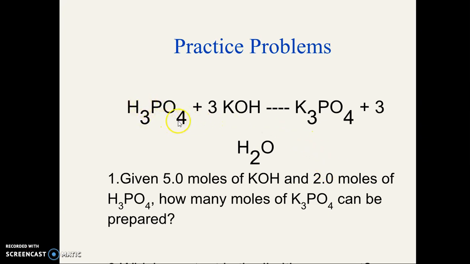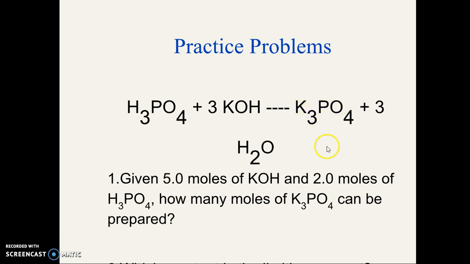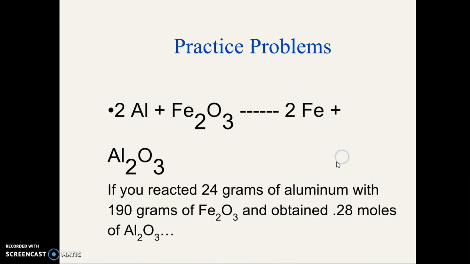If I have 2 moles of H3PO4 and I want to figure out how much K3PO4, these are in a 1-to-1 ratio, so if I have 2 moles of this, I can make 2 moles of this. But in reality, if I had 5 moles of this and 2 moles of this, I'm only going to make 1.67 moles. I'm going to run out of KOH, meaning I'm going to use it all up, and I'm going to have some excess H3PO4 left over that I've just wasted. So the most that I can make is 1.67 moles of K3PO4.